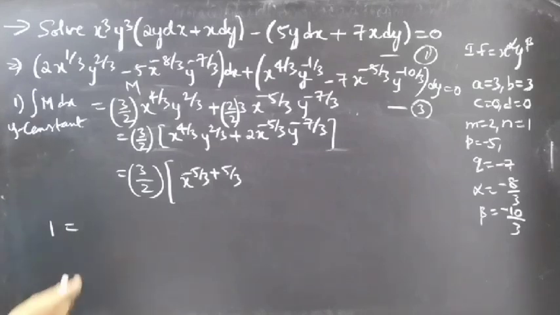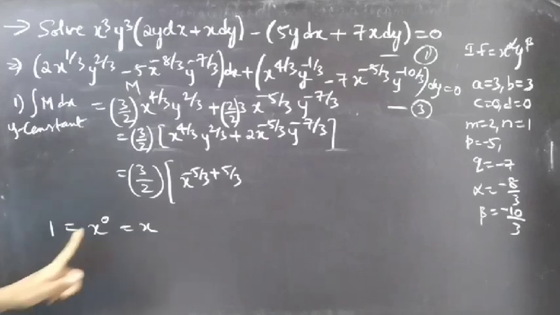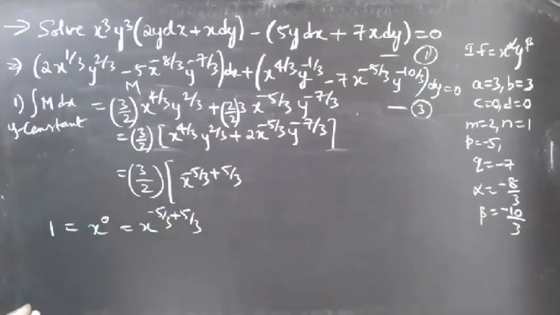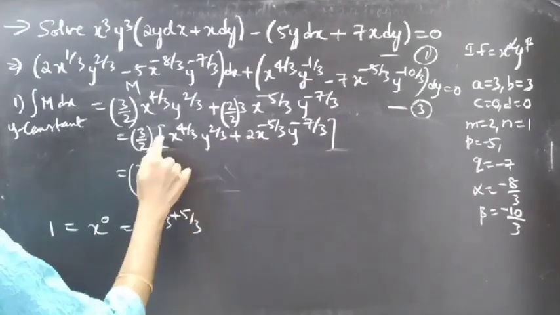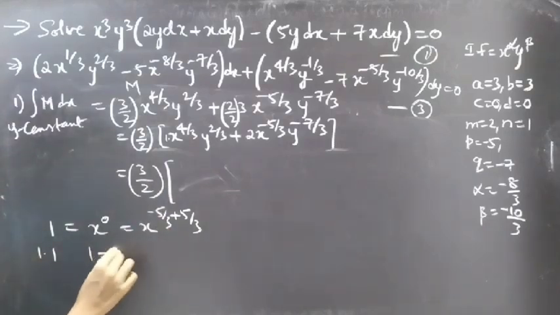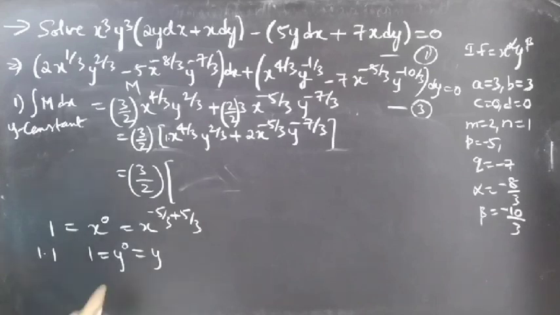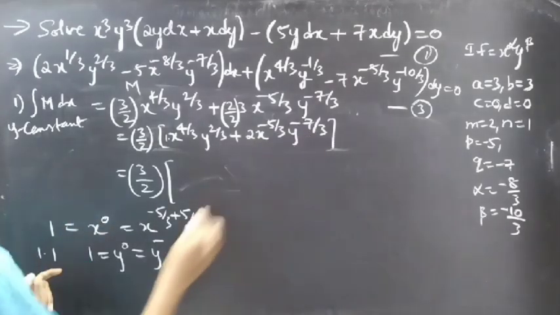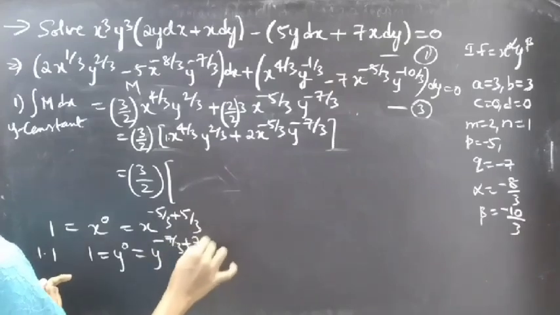See, suppose we have 1, it can be written as x to the power 0, right? So you can just replace this 0 by minus 5 by 3 plus 5 by 3, right? Assume that you have 1 here, and you can replace this 1 by 1 into 1, x power minus 5 by 3 plus 5 by 3, and another 1 by y power 0, and you can write this 0 as minus 7 by 3 plus 7 by 3.